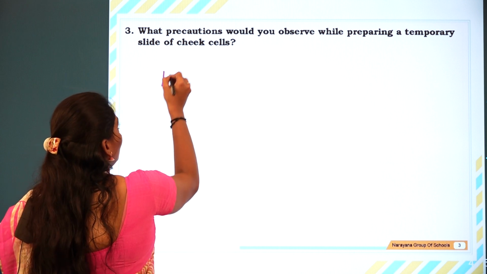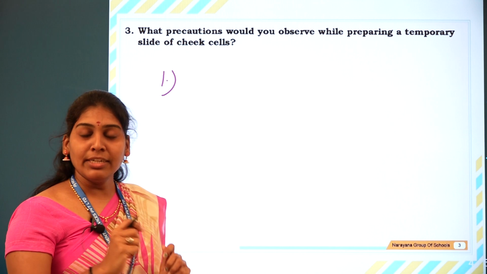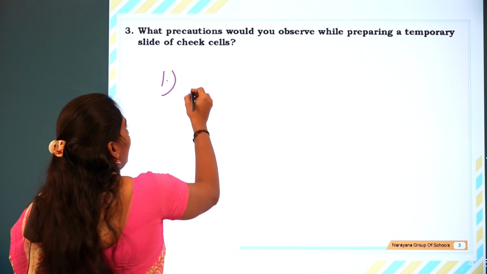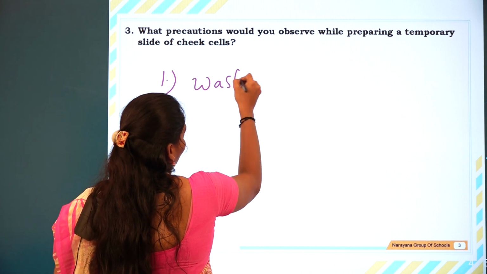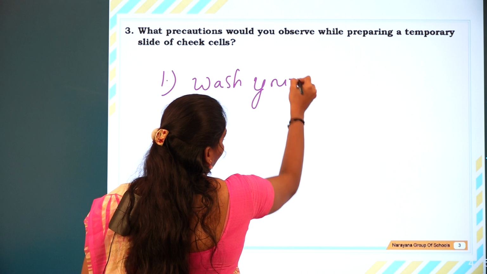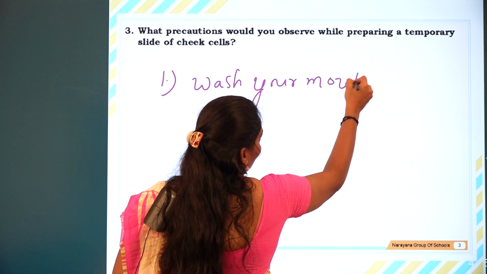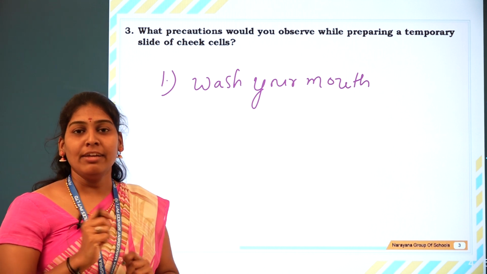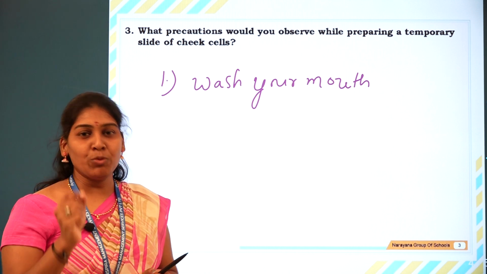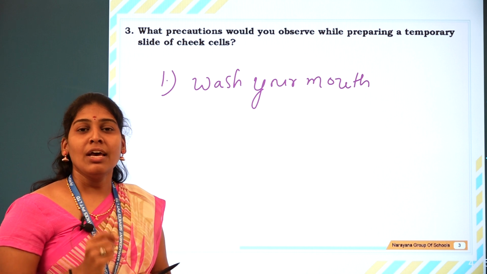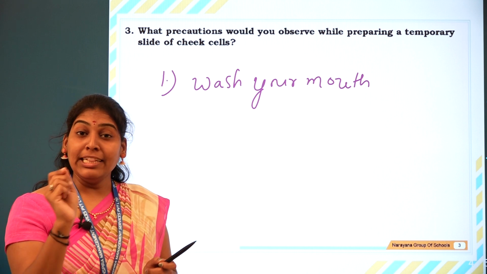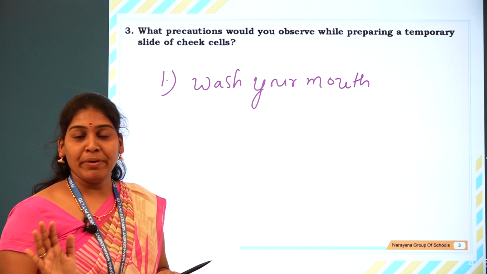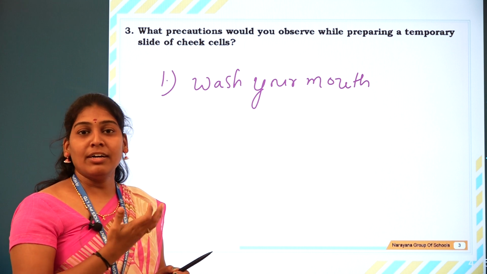First precaution, before taking a sample from the mouth, wash your mouth cleanly. Then we take the sample with a wooden spoon or an ice cream spoon, and we clean that spoon also.